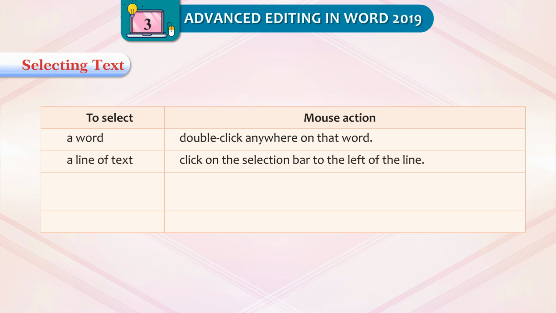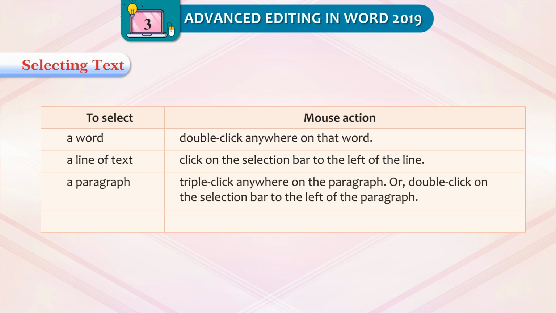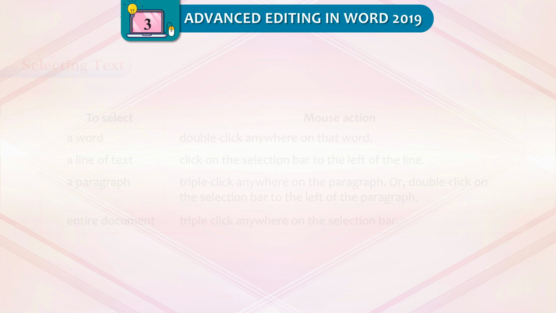A line of text: click on the selection bar to the left of the line. A paragraph: triple-click anywhere on the paragraph, or double-click on the selection bar to the left of the paragraph. Entire document: triple-click anywhere on the selection bar.